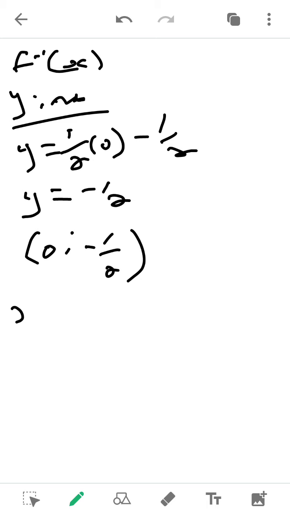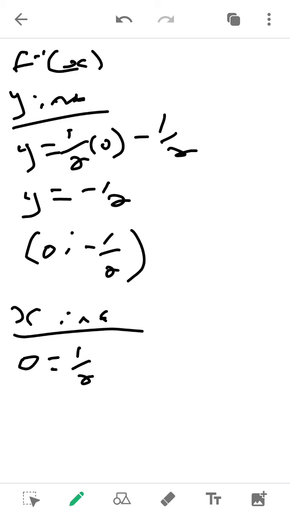And then for x-intercept, you make y equals 0. Like we were doing yesterday, for every intercept, if it's x-intercept, you make y equals 0. If it's y-intercept, make x equals 0. So you make y equals 0.